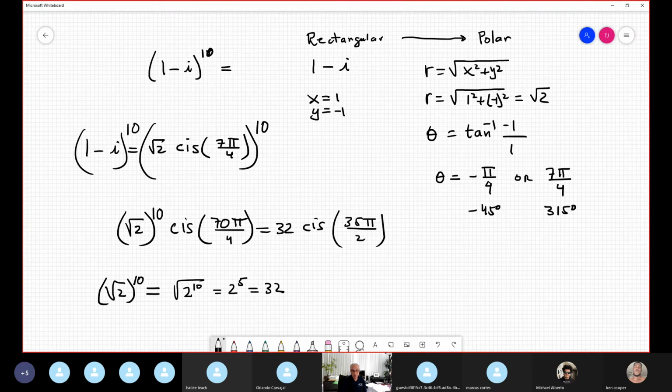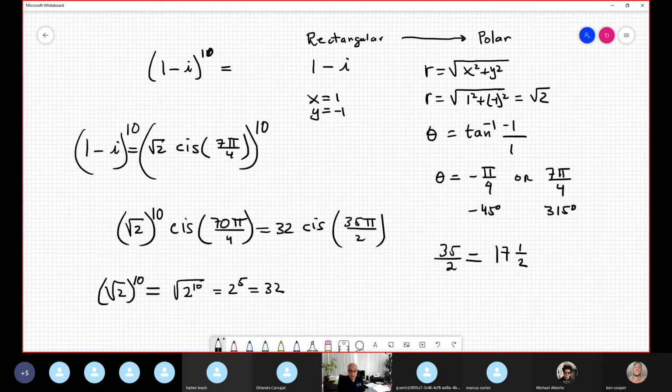Okay, entonces this is a multiple of pi over 2. 35 over 2, if you express it as a mixed number, is 17 and 1/2.